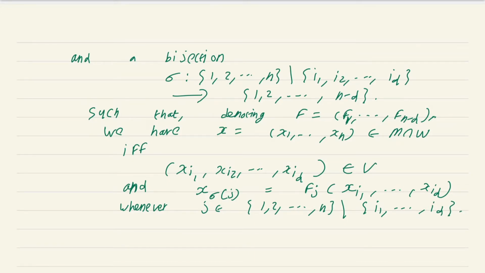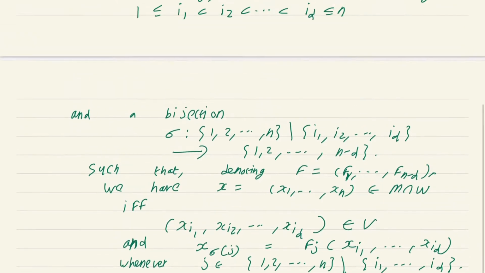Okay, this looks to be an impenetrable fortress of a definition, but it's just making precise what it means for a set to be a graph. Well, what is it saying? In the simplest situation, what we will have is the first d variables would be the independent variables and the final n minus d variables will be the dependent variables, and this set M intersection W would be written as a graph of the first d variables. But life is not so kind. The dependence could be very complicated. It could happen that the dependence is on the first, third, fifth, seventh variables and so on.